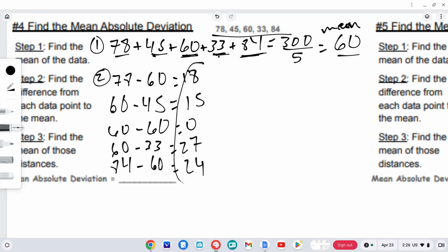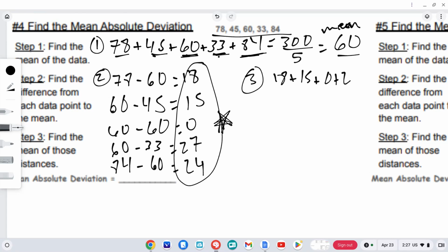All right, so I have my list. That was step 2. Step 3, find the mean of those new numbers. Pause and find the mean of those new numbers real quick. So now to find the average, I'm adding up 18 plus 15 plus 0 plus 27 plus 24.